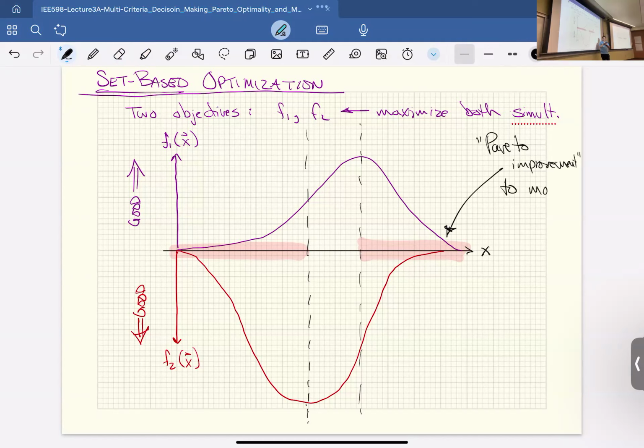That's these boxes here. And then here, we call this a Pareto improvement to move right.